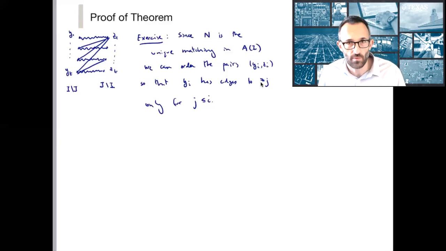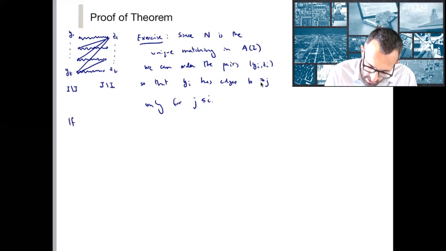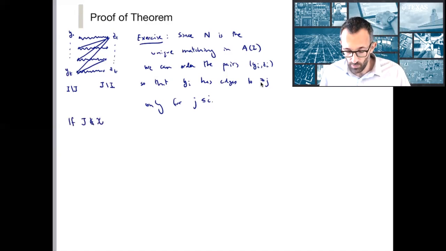So let's prove it by contradiction and see where we get stuck. So indeed, let's suppose not. So in other words, if J is not an independent set, well, we know something about that. If something is not an independent set, it must contain a minimal non-independent set.